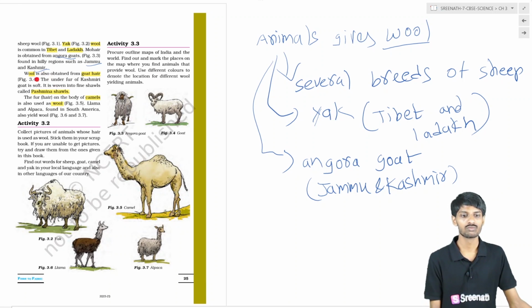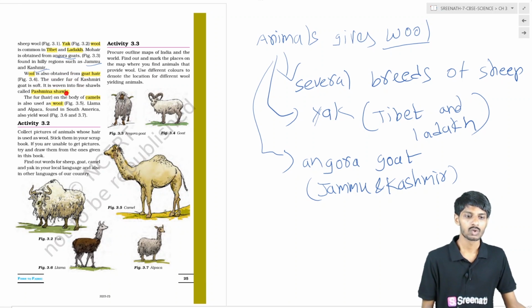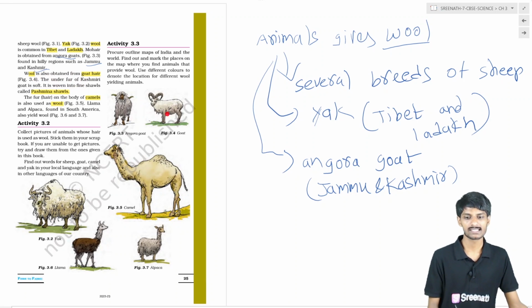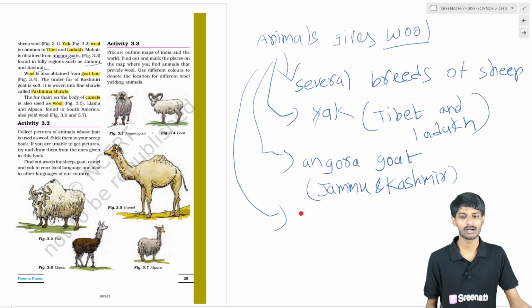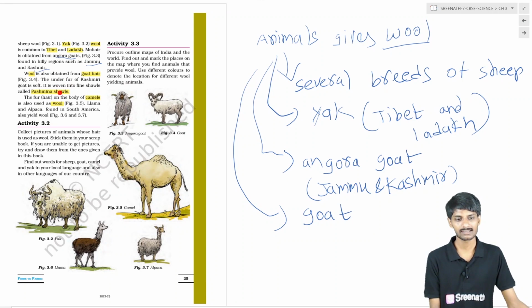Okay students, wool is also obtained from goat hair. From goat hairs also we can get wool.